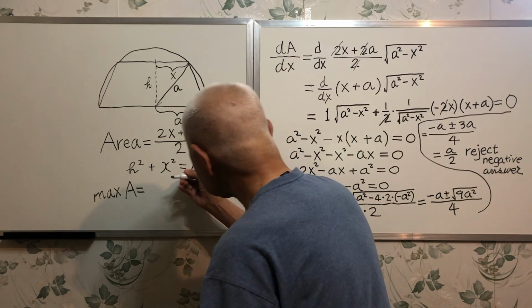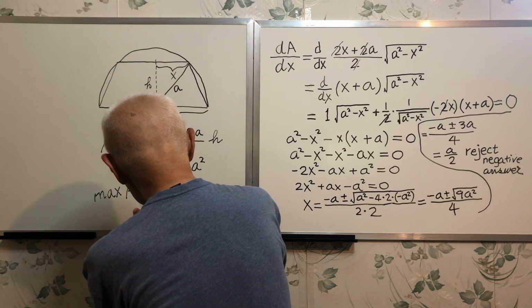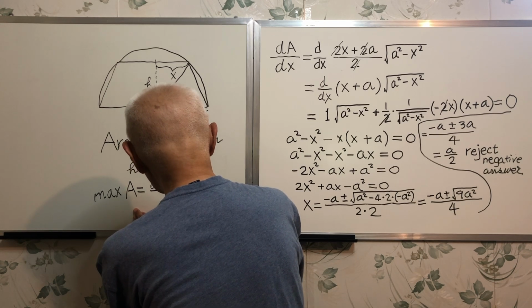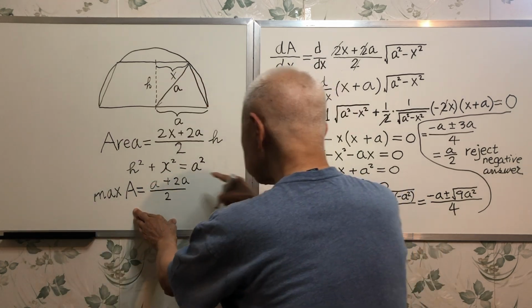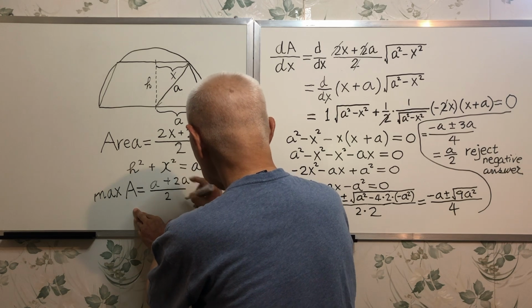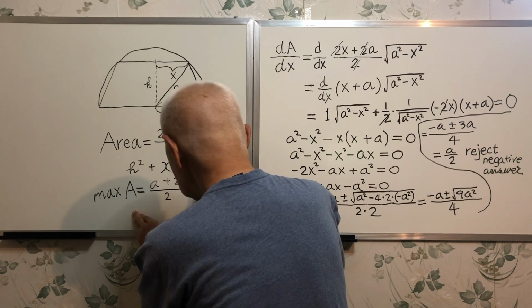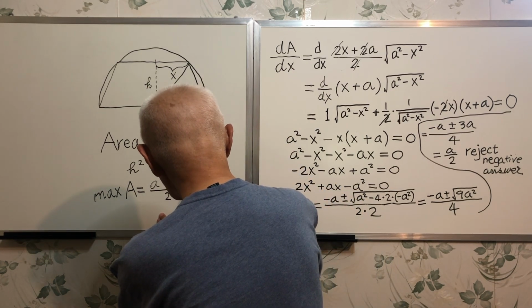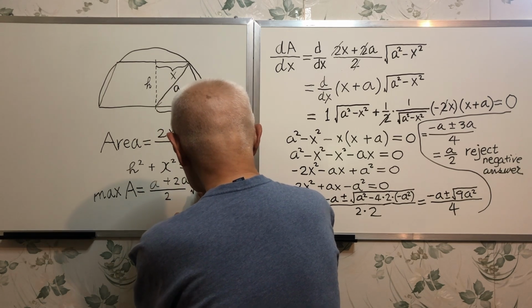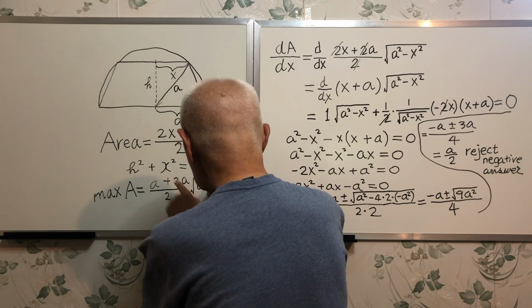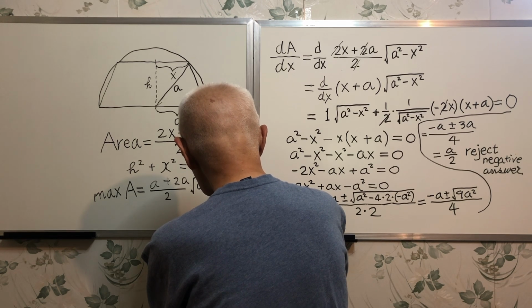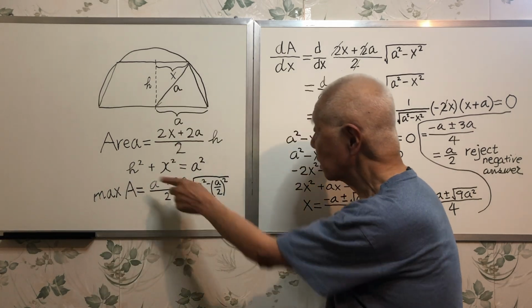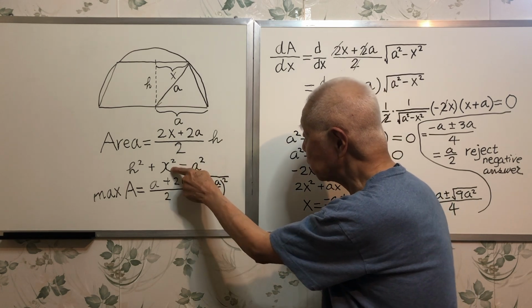So this is a, a plus 2a, to my h, which is the square root of a squared minus x squared.